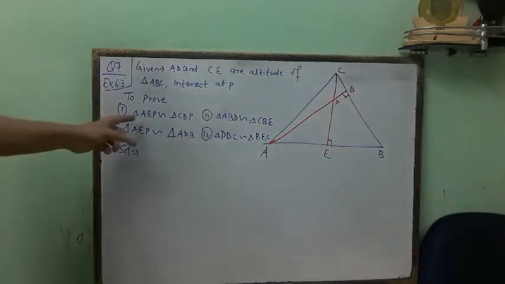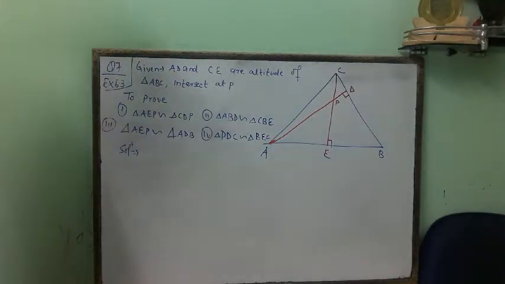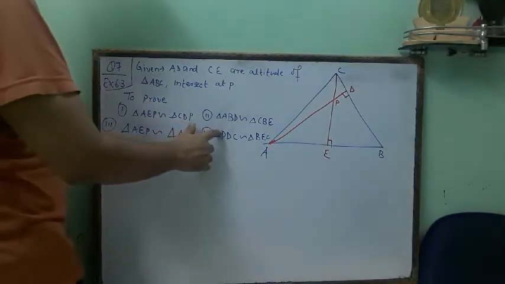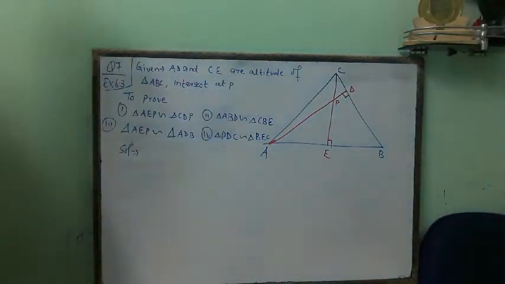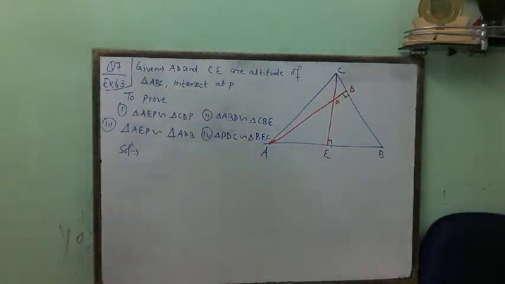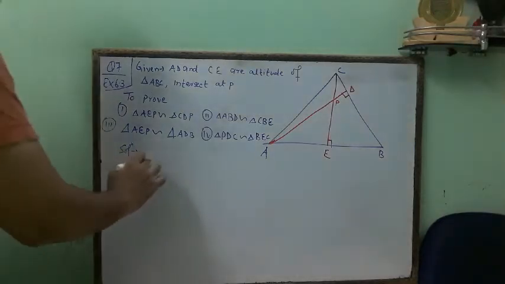We have to prove that triangle AEP is similar to triangle CDP. Second, ABD is similar to triangle CBE. Third, AEP is similar to triangle ADB. Fourth, PDC is similar to triangle BAC. One by one we will prove these. So let us start.